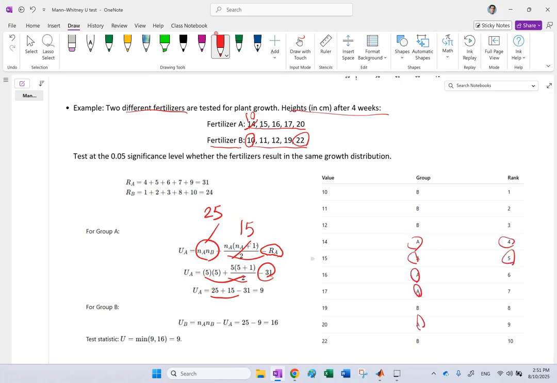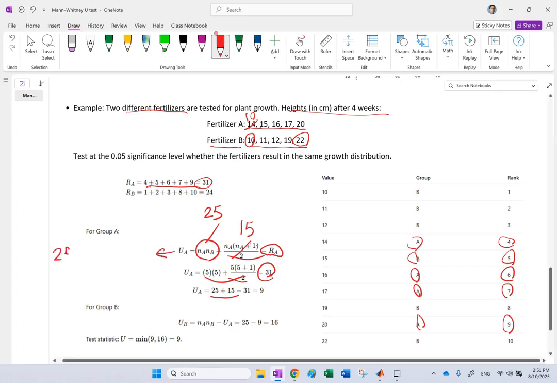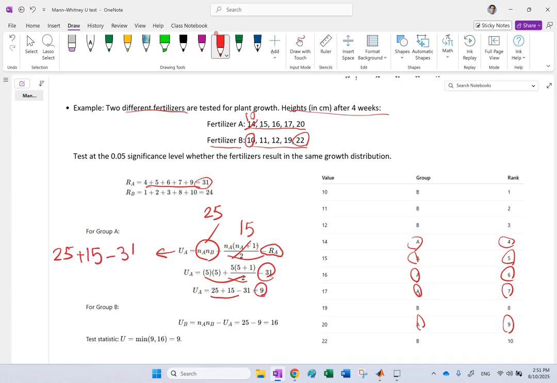So I have a 4, a 5, a 6, a 7, and a 9. If I add these numbers together, my total rank for group A is 31. So the number UA is going to be 25 plus 15 minus 31, and that number is 9.